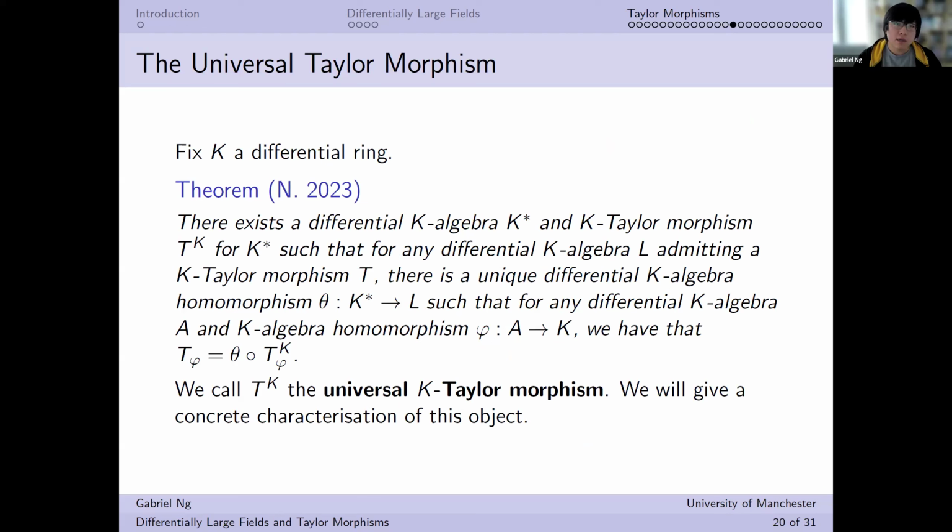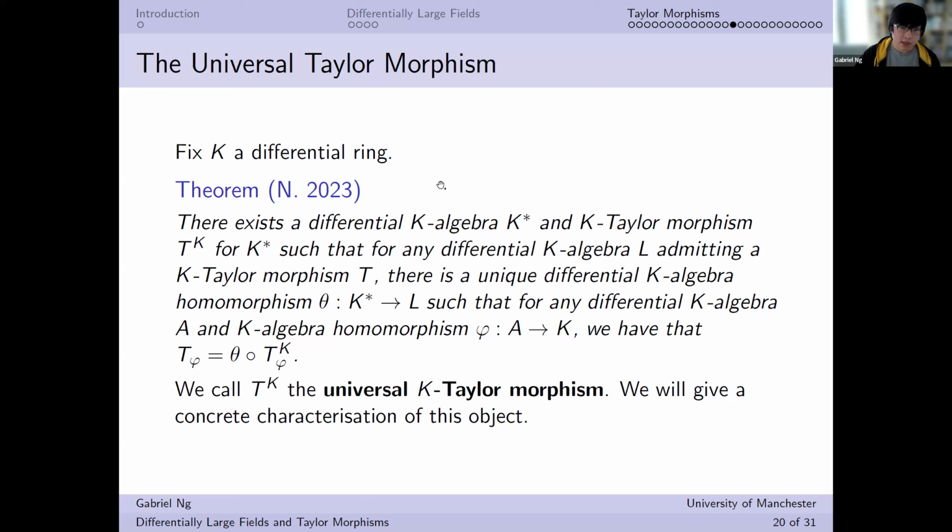And the main structure theorem for these generalized Taylor morphisms is that we have a universal object. Okay, let's fix K a differential ring.